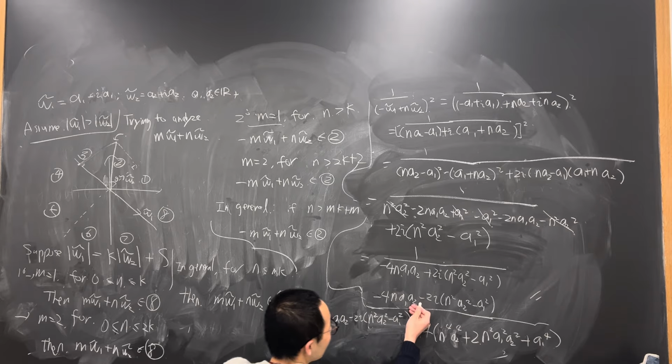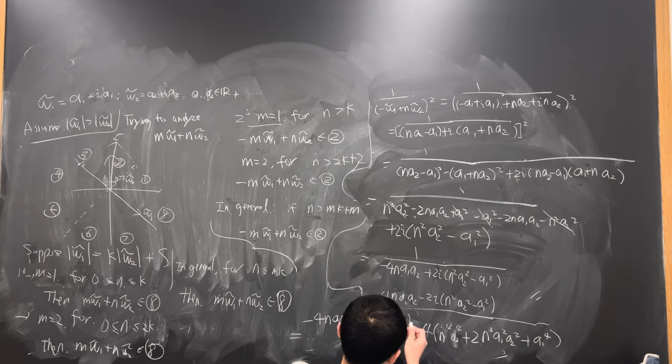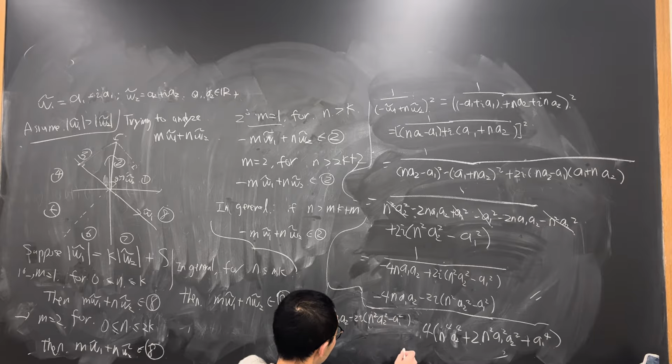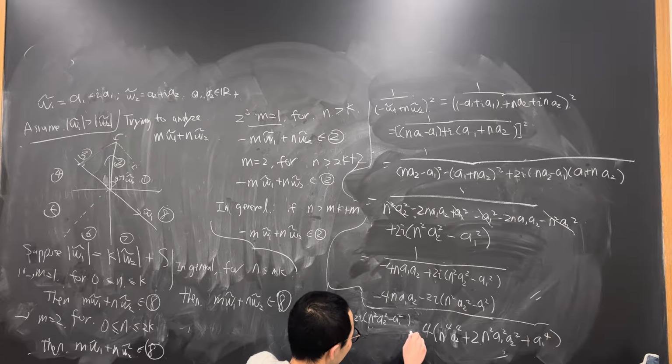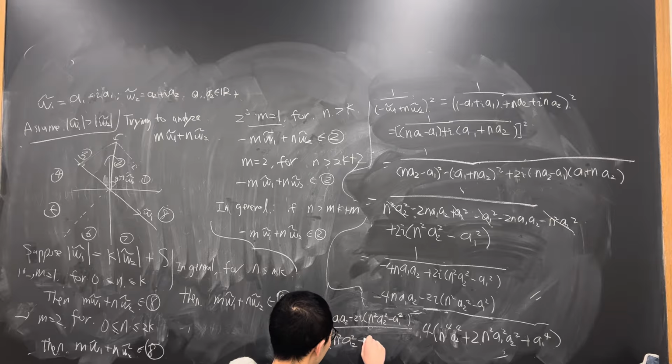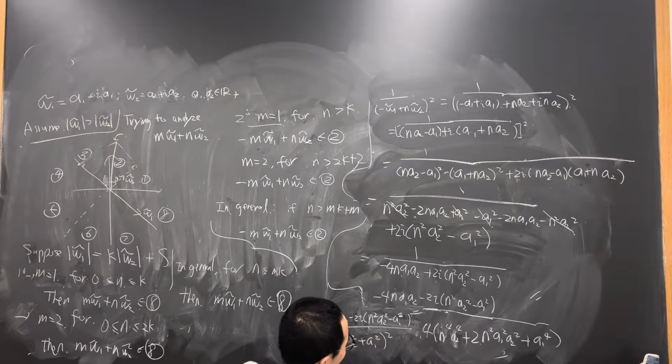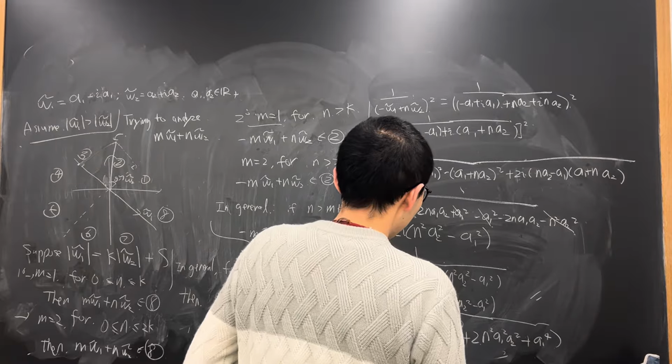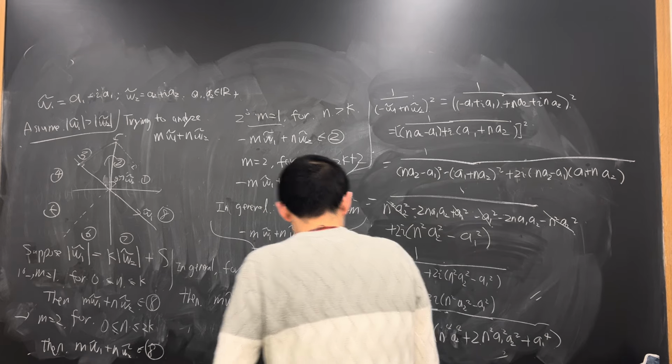So this is a fraction. And the bottom becomes 4 times n squared A2 squared plus A1 squared. Okay, so this is one term.